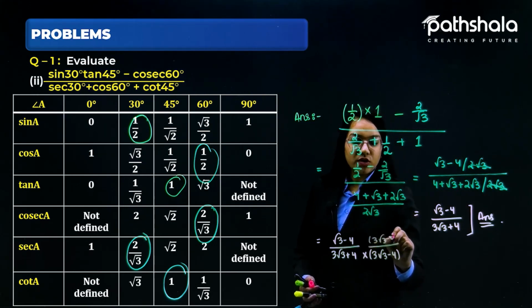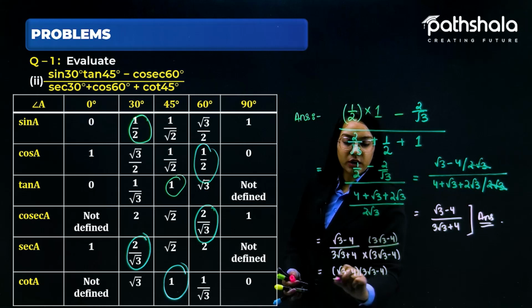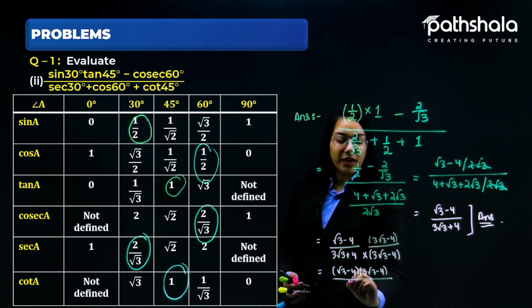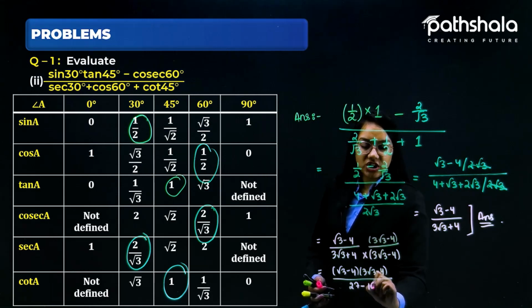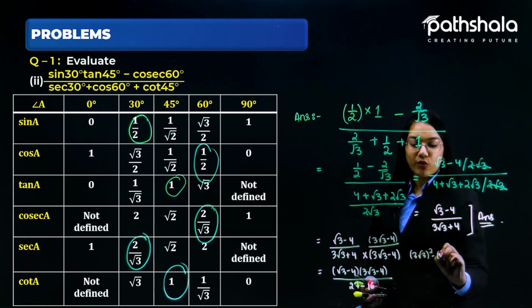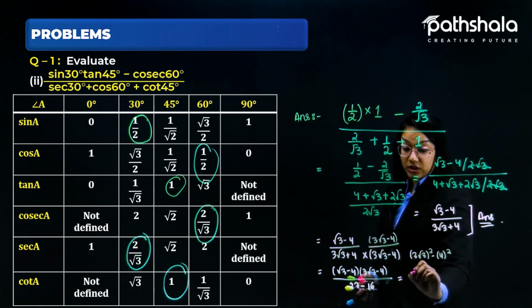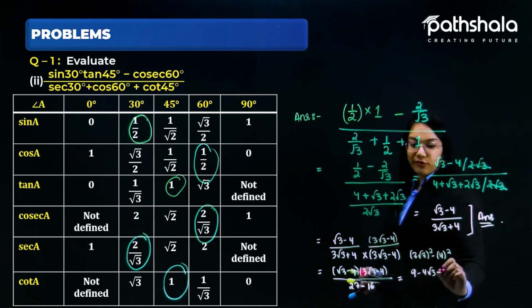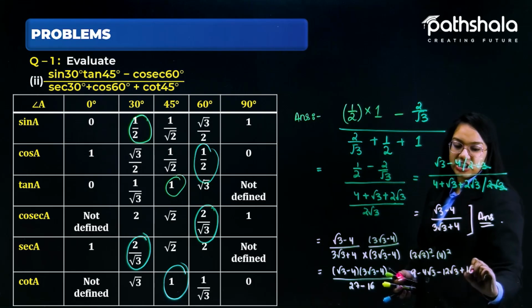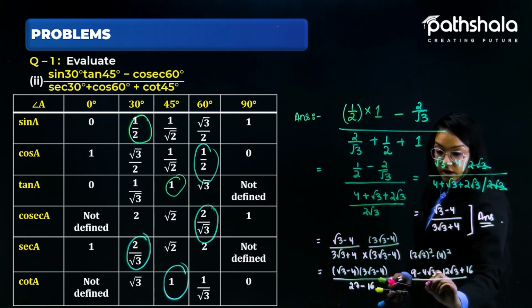So this would be 3 root 3 minus 4, and we write root 3 minus 4 into 3 root 3 minus 4. The denominator is a plus b times a minus b, so it is 3 root 3 whole square minus 4 whole square. 3 into 3 is 9, 9 into 3 is 27, so 27 minus 16. The numerator works out as 9 minus 4 root 3 minus 12 root 3 plus 16, divided by 11.